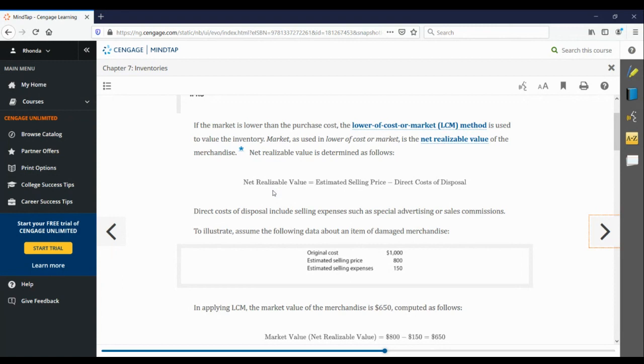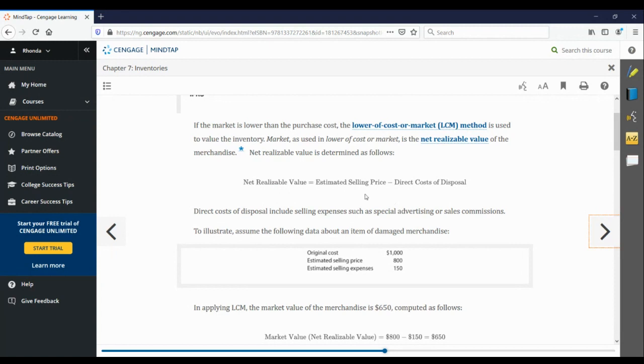So in order to determine the net realizable value, we're going to look at the estimated selling price of that inventory, and then we're going to subtract all of the direct costs that we think it's going to take for us to sell that inventory.